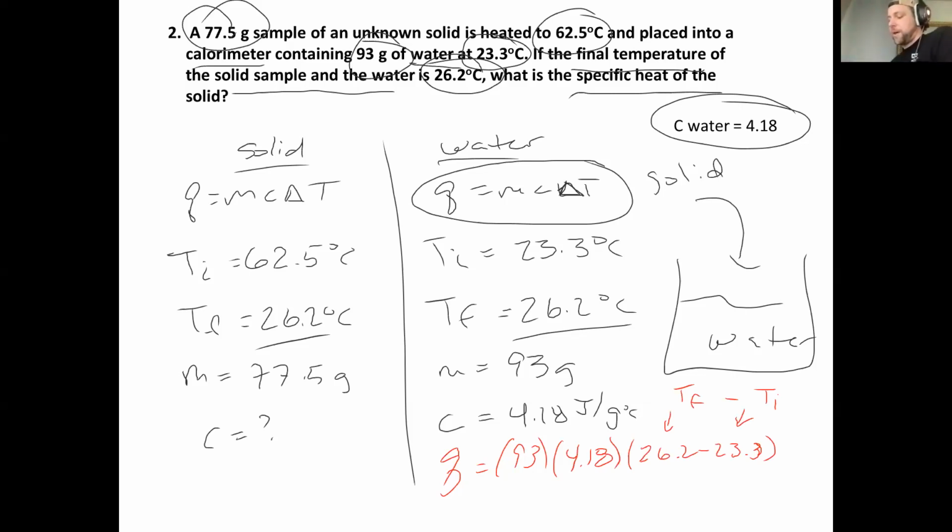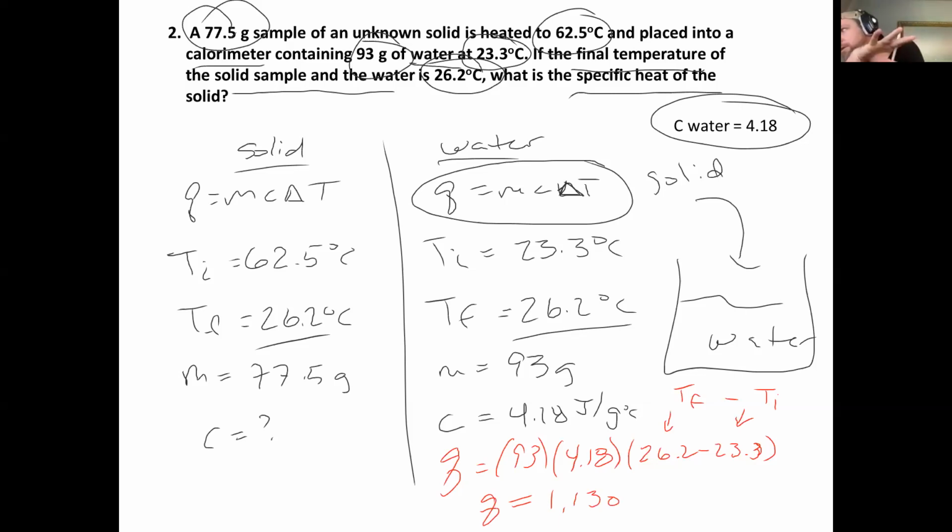In my calculator, once I have this all set up, I'm going to subtract those numbers first because they're inside the parentheses. Hit enter, get a value for that, then I'll multiply it by the specific heat, and then I'll multiply it by the mass value. So these numbers are in joules, so this number actually looks pretty big, but this Q value is 1,100, and I'm just going to round to 1130.